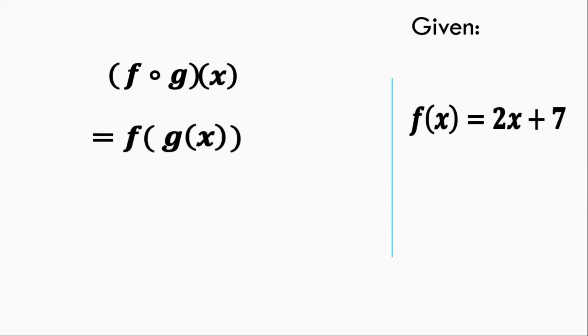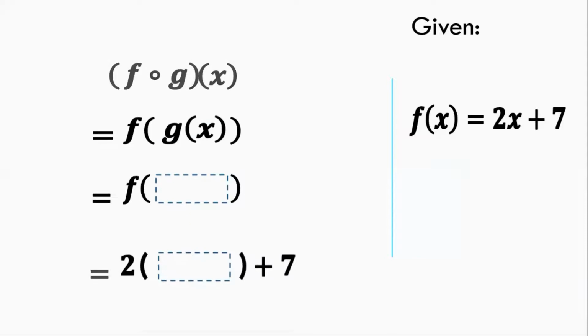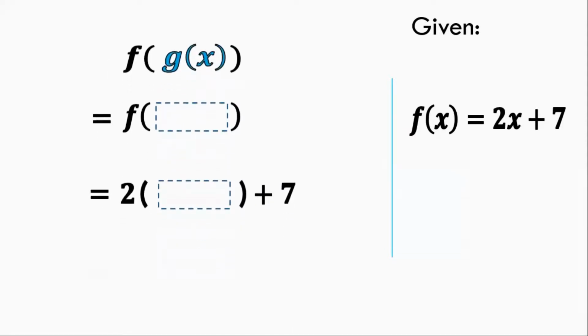What this looks like is take g of x and place it into f. f, remember, takes that input and does the following set of instructions: double it and add 7. Well, what is being placed on the dotted line there? g of x. So what we're going to place in the dotted box here is g of x.